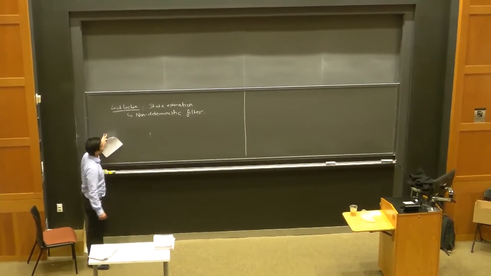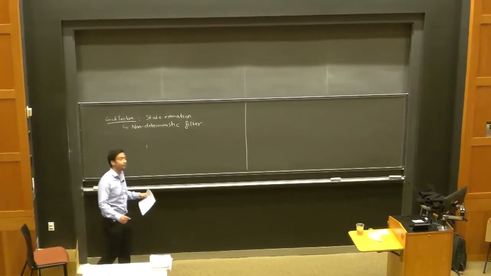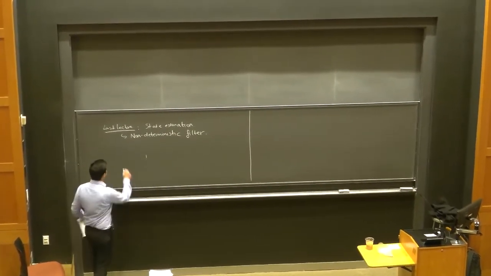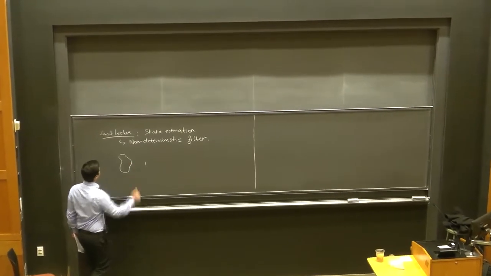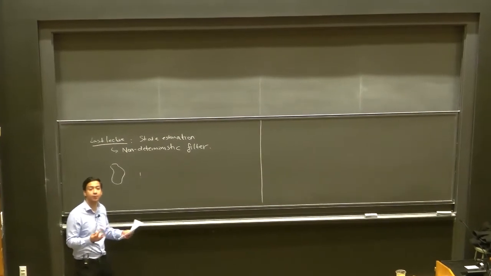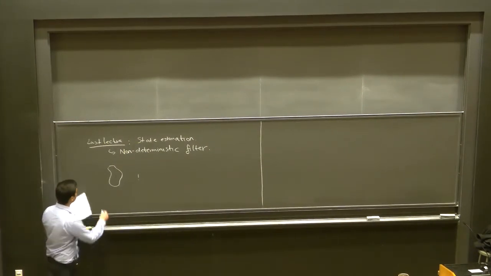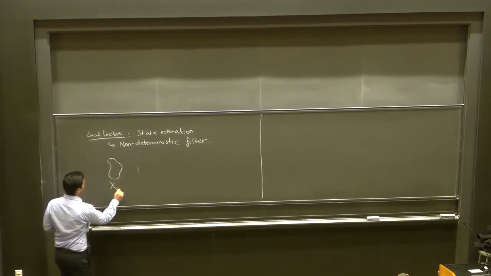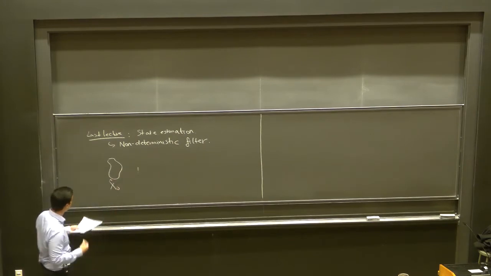And just to remind you of the structure of the algorithm, which again we're going to revisit today, you start off with some initial estimate for where the state of the robot could be. This estimate takes the form of a set that we called x0 hat.